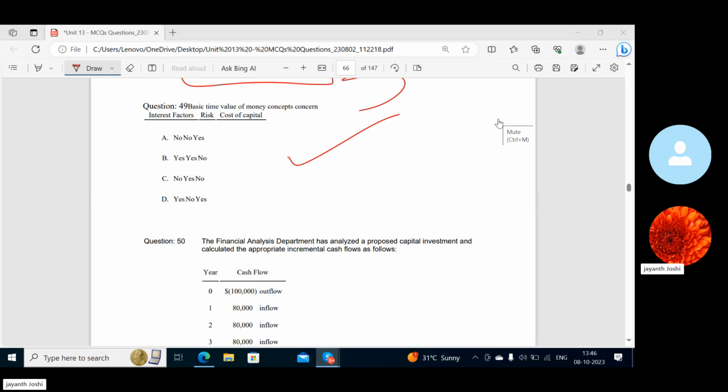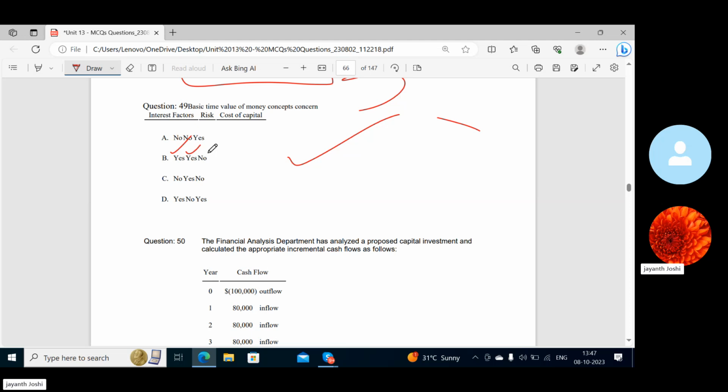Okay, so have you done this? Yes. Basic TVM concepts concern interest factors, risk, cost of capital. See, basic time value of money concepts concern interest factors, risk.